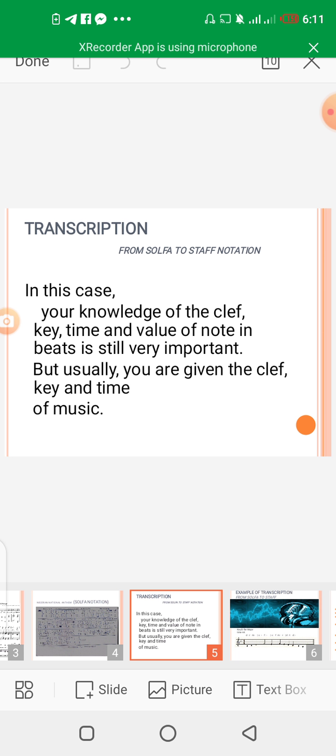So, in an existing piece that you're supposed to transcribe from, you're going to see the clef sign, the key, the time, and every value. So it is important that you take note of all these things and know how to move them to the other form of notation.